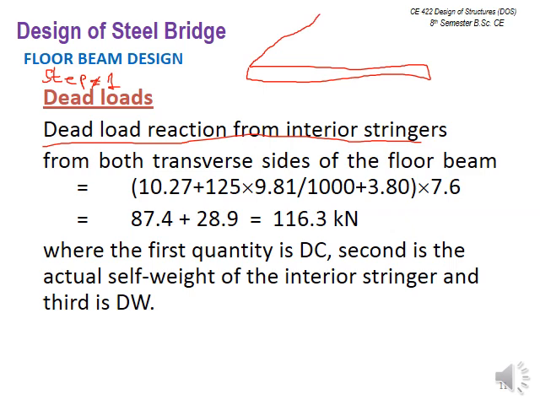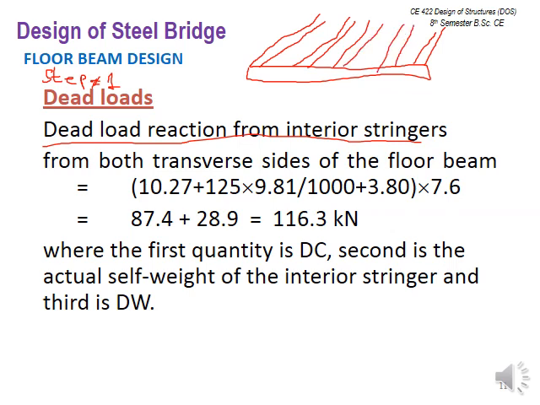This will be the exterior. For our case, the total number of stringers we have designed is 5, 3 internal and 2 external. So here you have internal stringers resting on the floor beam.